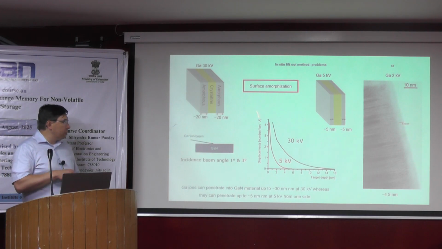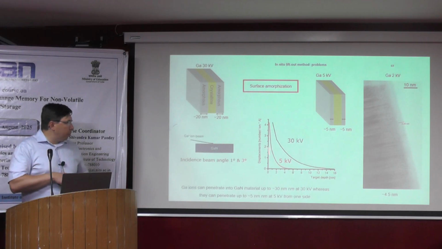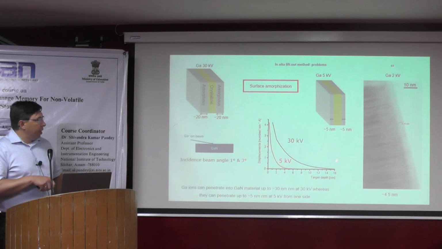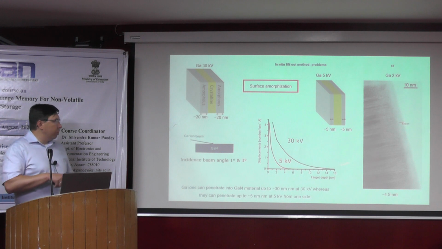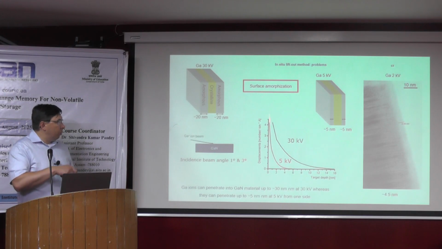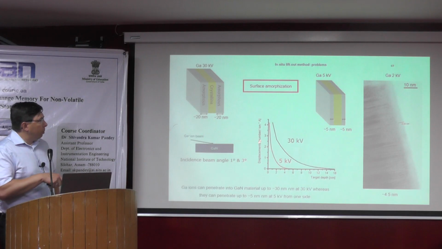And here we also did some simulations using the SRIM program to estimate how far these ions can go into your material, the crystalline material. The y-axis shows the displacement number per ion, and this is the target depth.